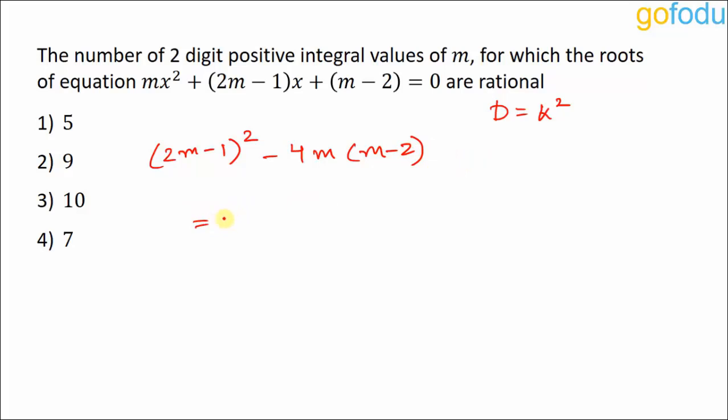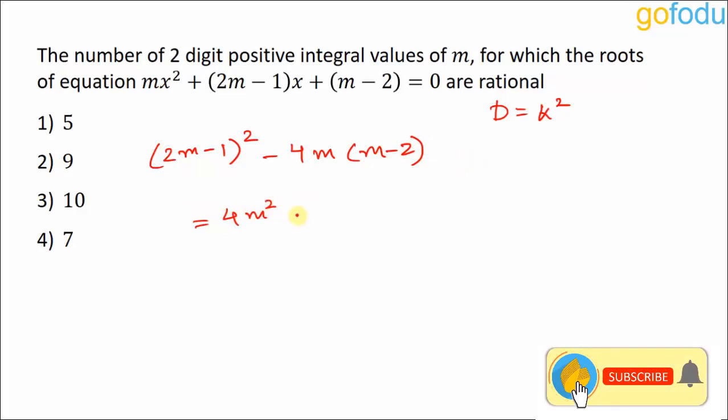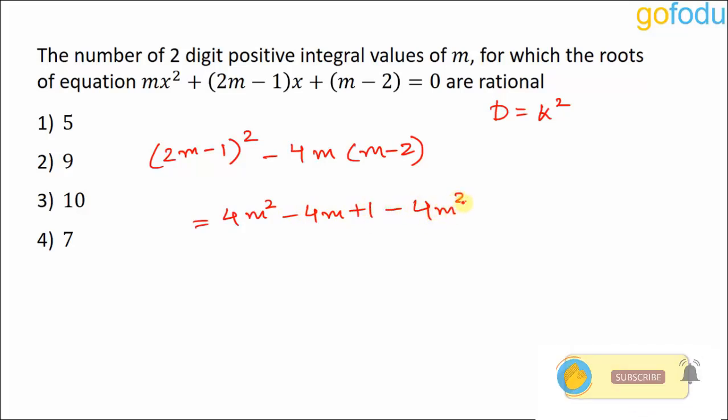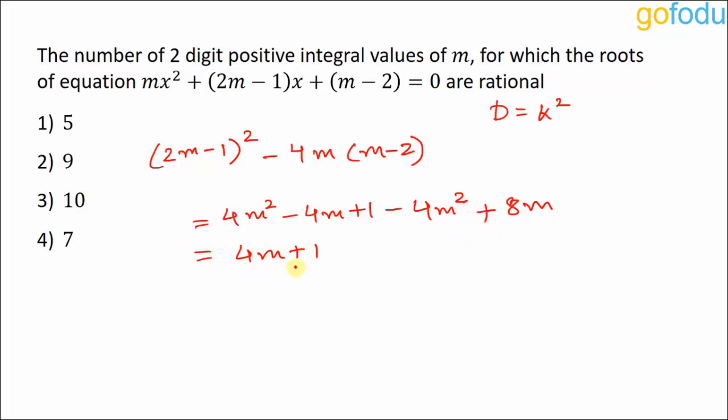So this is equal to 4m square minus 4m plus 1 minus 4m square plus 8m, which is 4m plus 1. And the discriminant is equal to k square, that means 4m plus 1 has to be equal to k square.